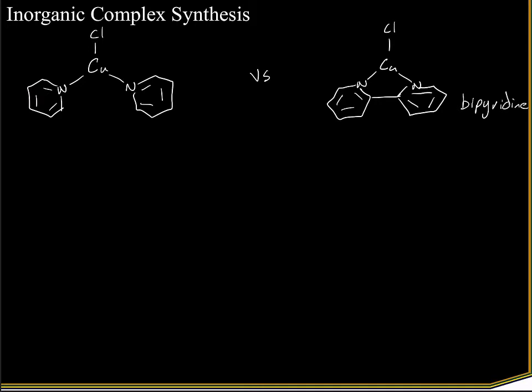The substitution for the two individual pyridines will be much faster. And this is due to something called the chelation effect. So I'm going to write that this is slower due to chelation.